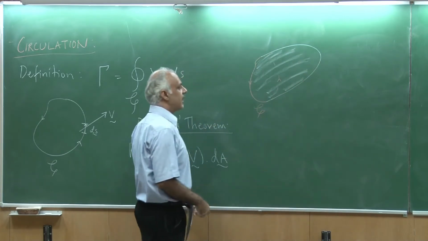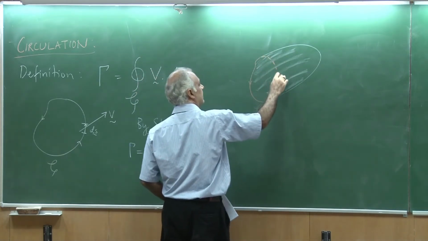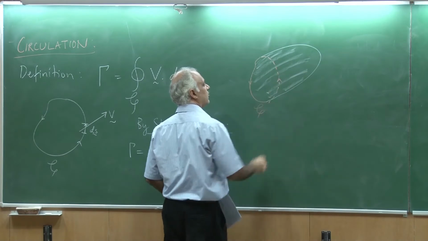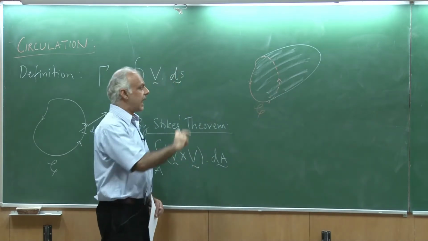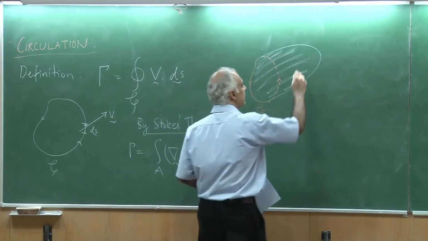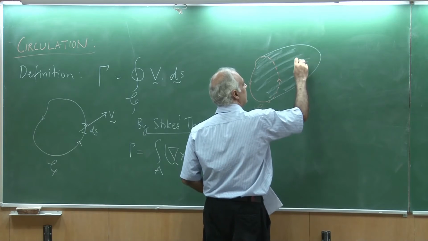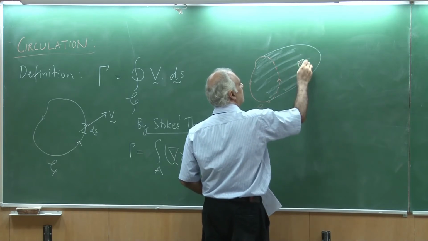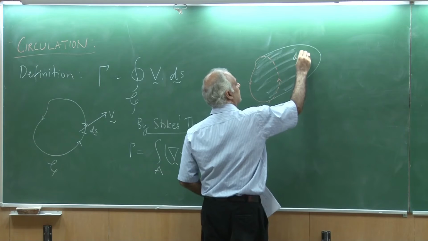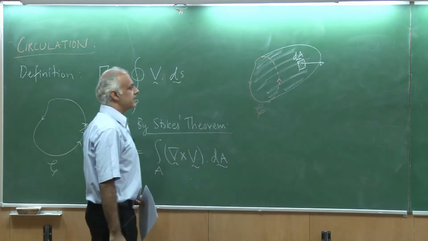Okay, so this is some kind of a surface, and you can imagine that this surface is capping this area, and I can take this little curved element here, which is dA, and it has a unit normal vector.